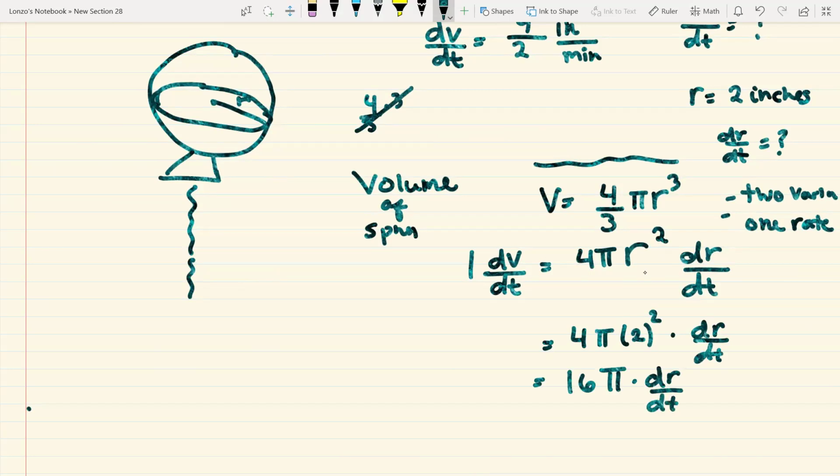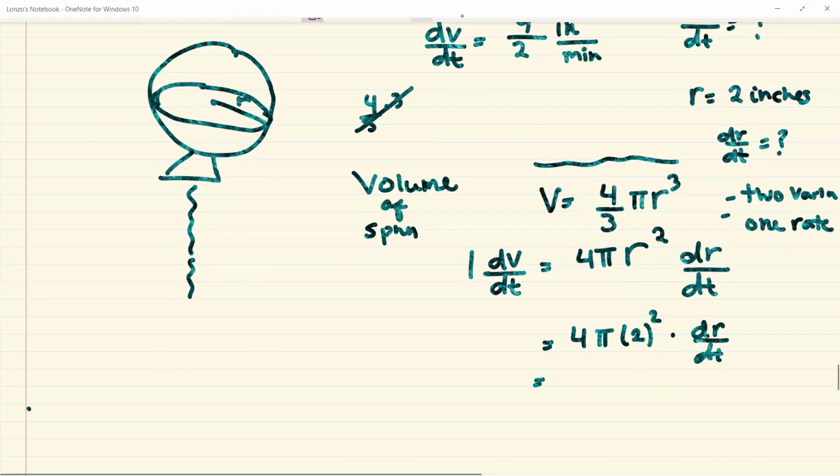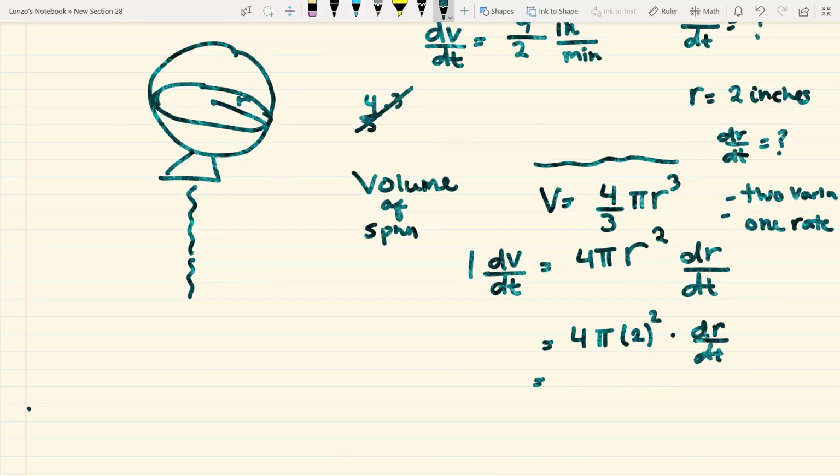And then, what am I missing? I'm probably missing my units. Yeah, that's important. Let me erase this, because the units don't go away. So what units were we using? Well, we said that our radius was 2 inches, but we had to square it.